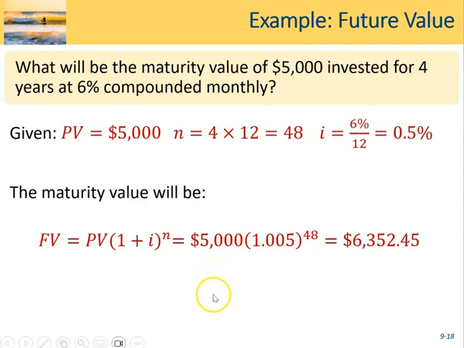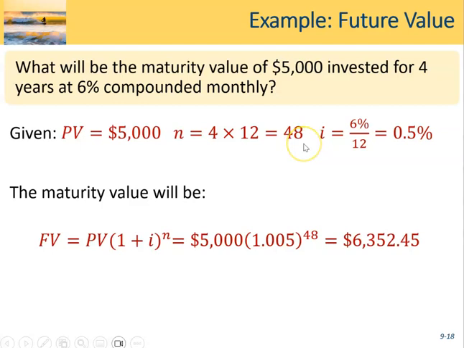Okay, so here's an example. What will be the maturity value of $5,000 invested for 4 years at 6% compounded monthly? So we know our present value is 5,000. Our n is the 4 years multiplied by the 12 compounding periods in a year.